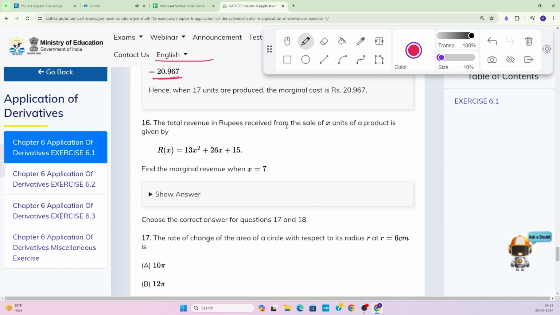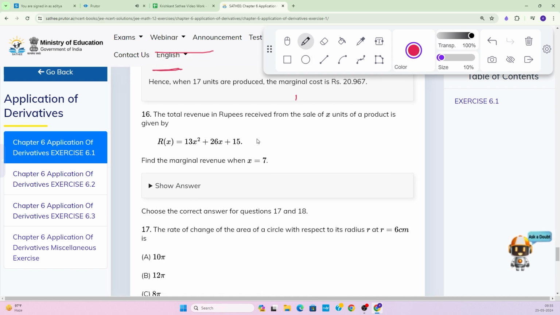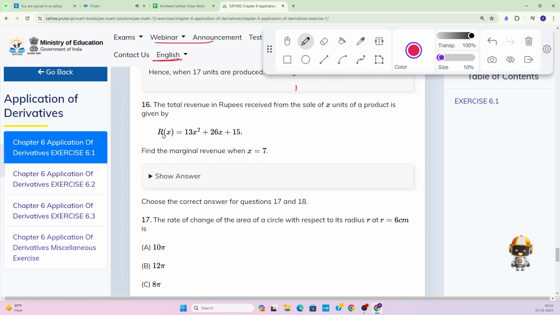This means if x number of units are sold, you will get the total revenue as 13x square plus 26x plus 15. Then you have to find the marginal revenue when x is equal to 7.